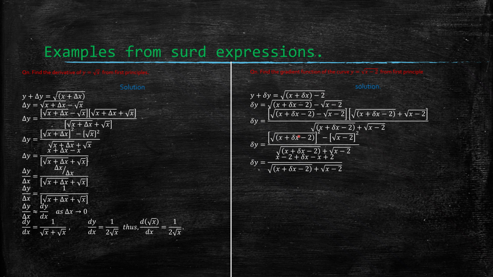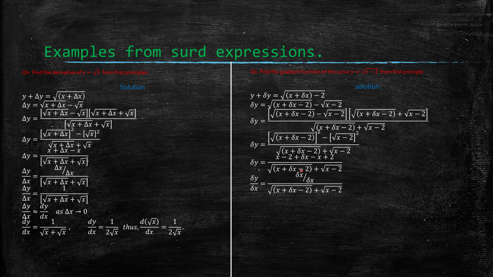I've just interchanged by taking this one this side and this one here. And then when you remove also the square root, you're going to have this negative x here. Then plus, because this negative is going to multiply with this negative to make it a positive. Those are the steps I'm always talking about in integers that I want you to pay more attention to when you are working out these numbers.